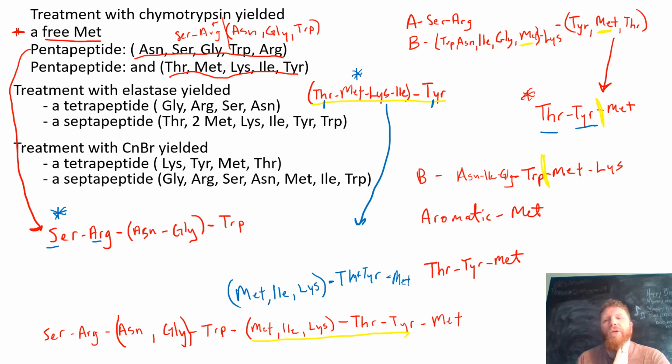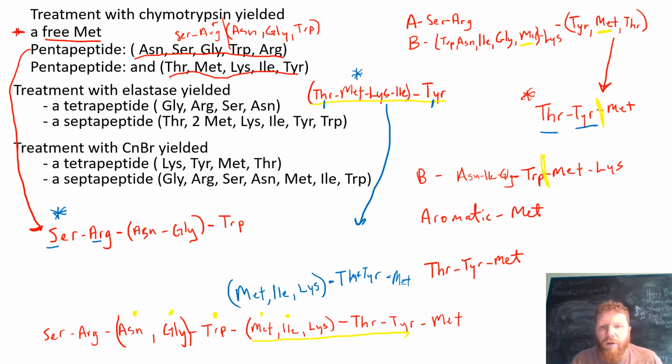Our trypsin digestion showed us that we would get a 6 amino acid long peptide with a lysine at the end of it. That 6 amino acid long peptide would have a tryptophan, a methionine, an isoleucine, a glycine, and an asparagine.